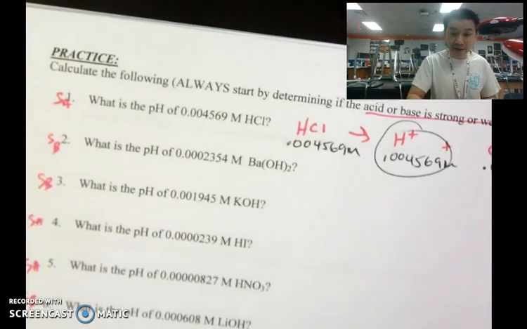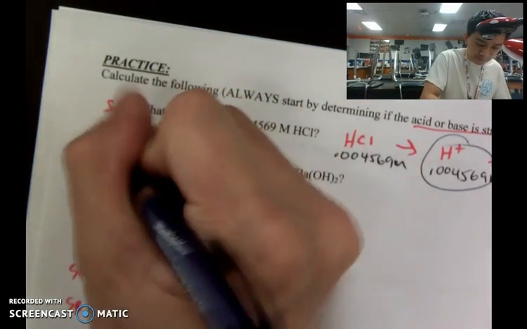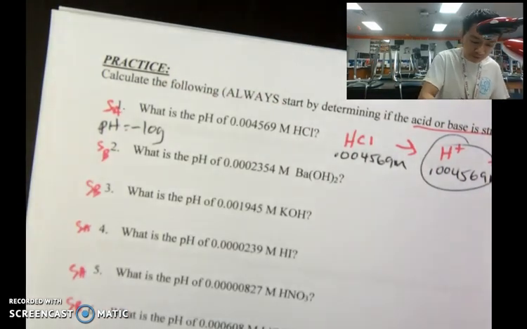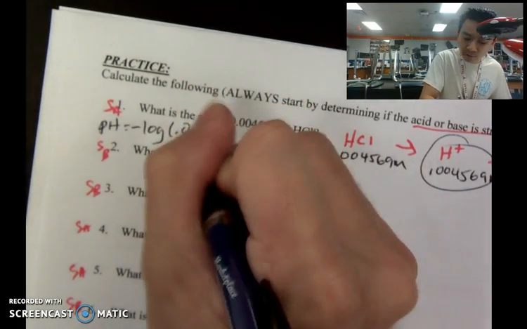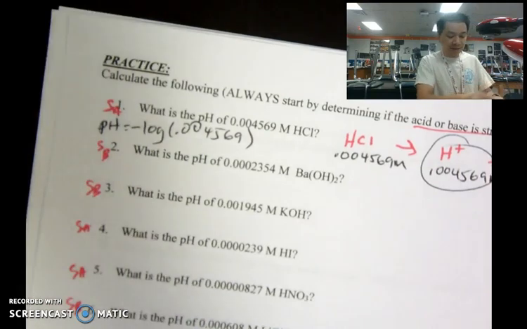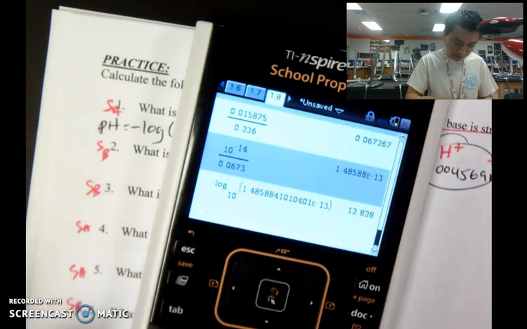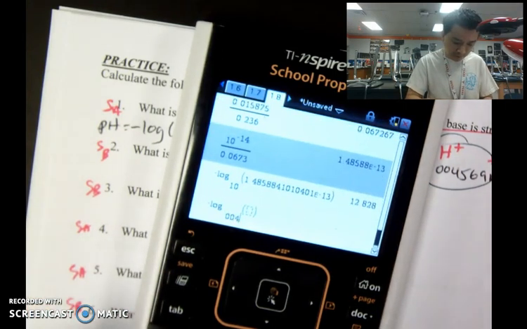And so to find the pH, we take the negative log of 0.004569. Then punch that in your calculator. Negative log, control log, 0.004569. Dang it, that's the base.